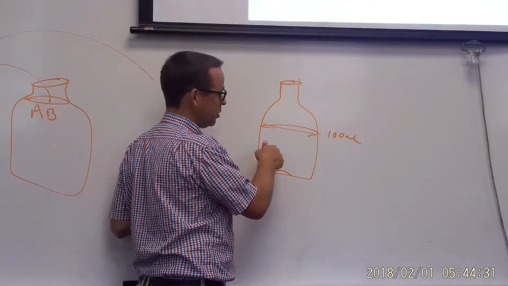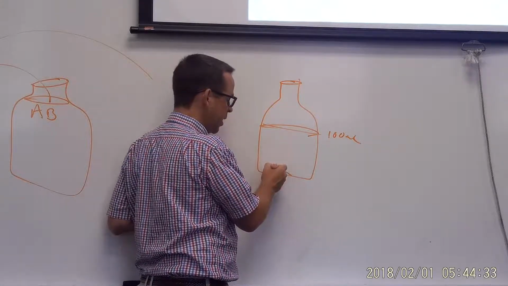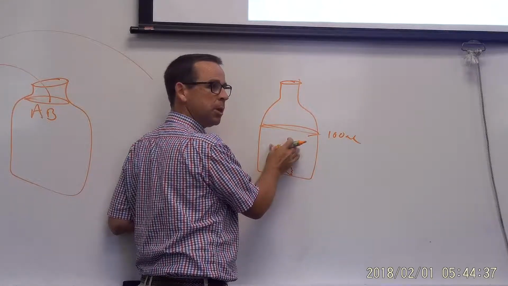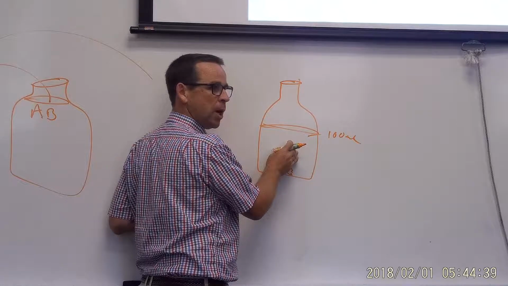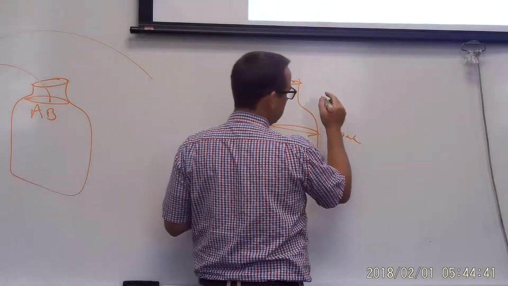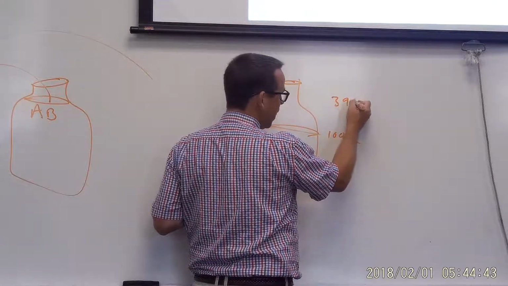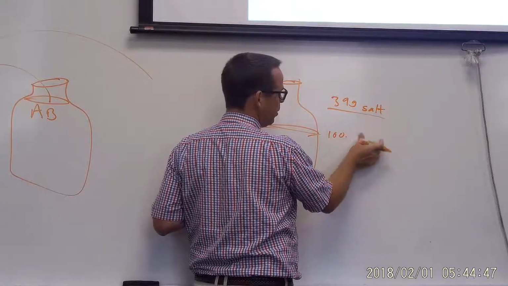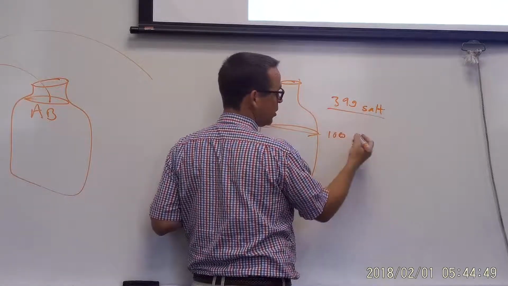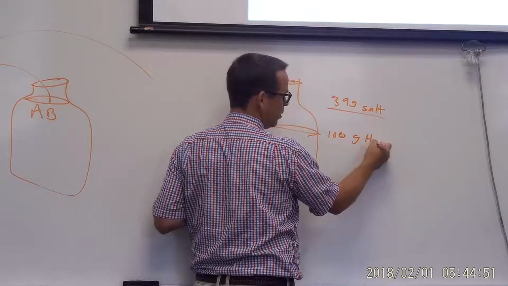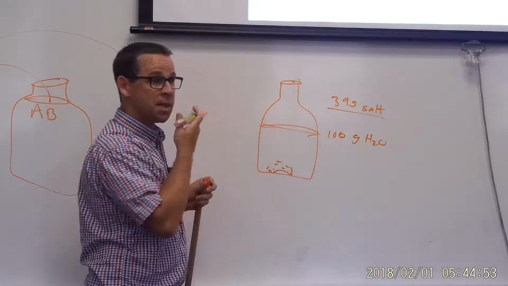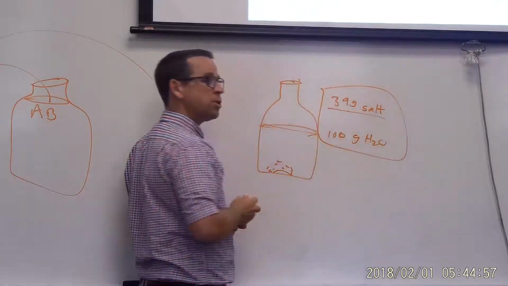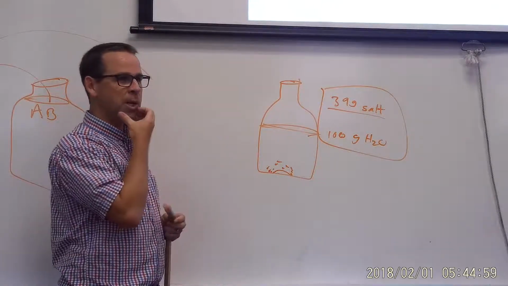So then we say our solution is saturated, because any extra salt we put in just contributes to the pile, not more becomes dissolved. Right? And they said that you can put in 39 grams of salt for every 100 milliliters of water. Now, the density of water is 1, so you could say 100 grams of water is the same as 100 mils. So they say this is the saturation limit, right? You can't put any more.